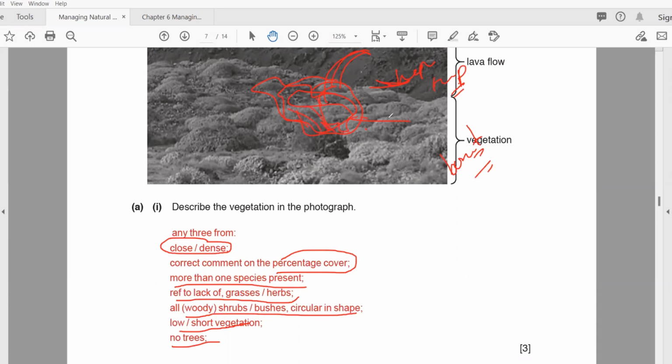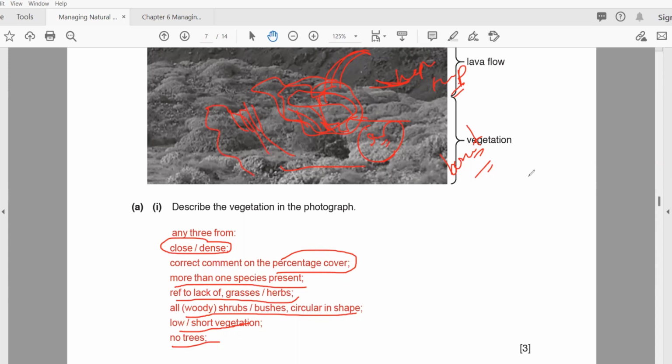Maybe you will find only the bushes which can bear the hard conditions. You will not find the trees. So this type of vegetation is found near volcanic activity.